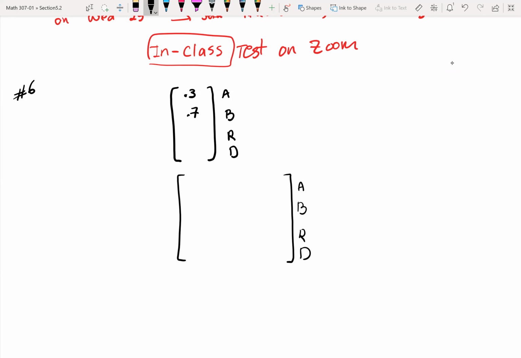We will still read through the problem and fill out the column. As you said, I'm going with the rows.